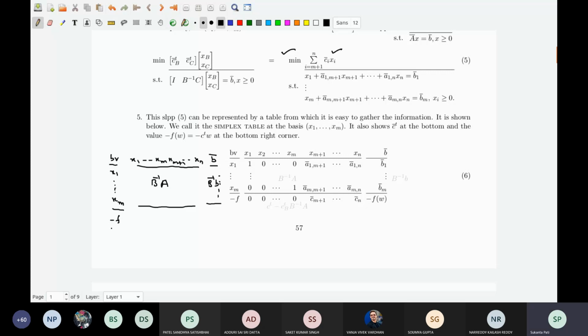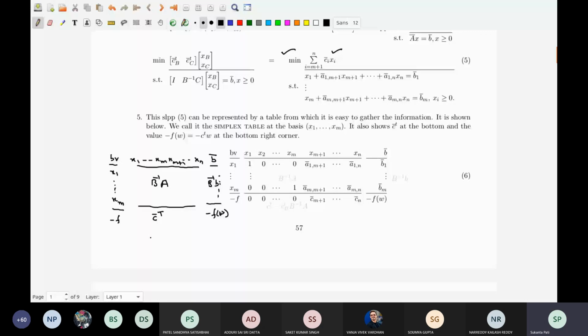Here you write C bar transpose. So the initial m entries will be 0, and the rest of them as such. And here you write minus of f w. So that is your simplex table. What does it mean?